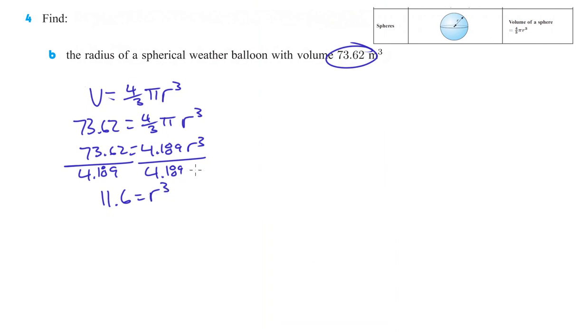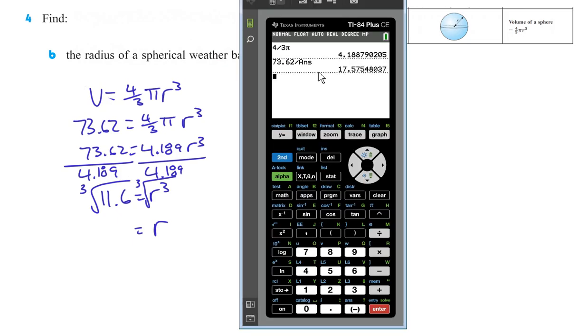So we don't want to know what r cubed is. We want to know what the r is. So we have to then cube root both sides, right? So the radius equals the cube root. On the graphing calculator, and many of the scientific calculators, you have to do 3 and then find your little x root.